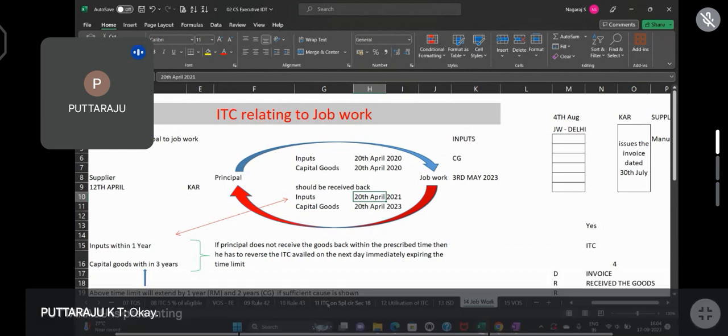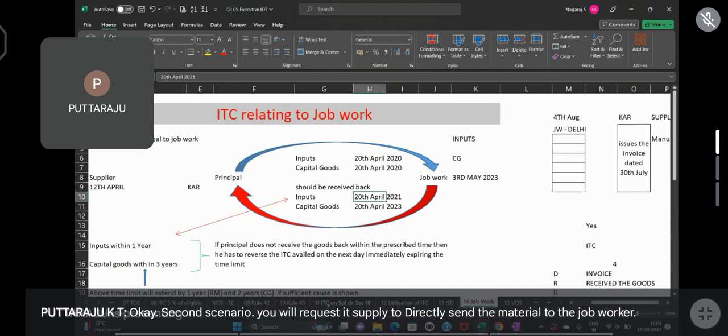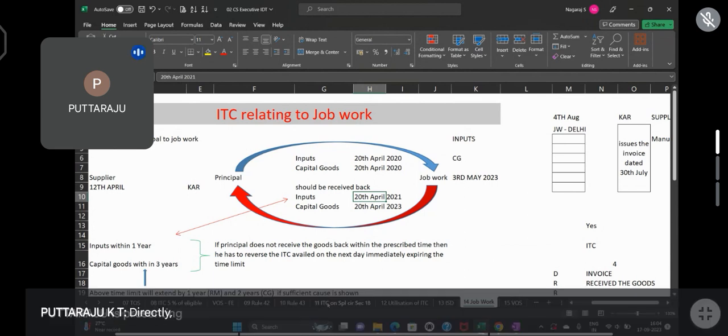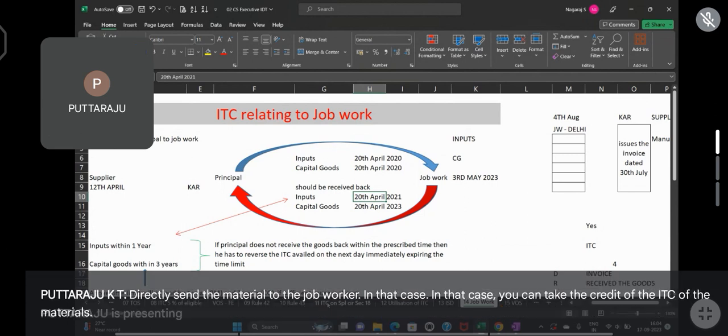Okay, second scenario. You will request the supplier to directly send the material to the job worker. In that case, you can take the credit of the ITC of the materials on the date when the job worker receives the input in his factory.